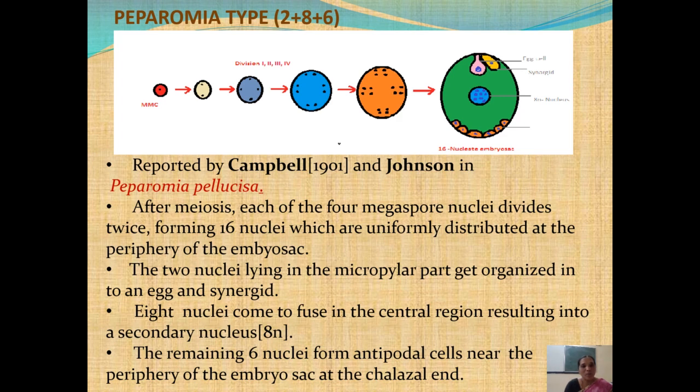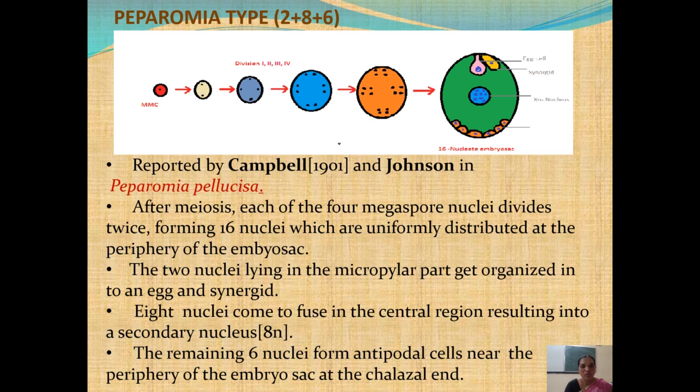It was reported by Campbell and Johnson in Peperomia pellucida. After meiosis, each of the 4 megaspore nuclei divides twice, forming 16 nuclei which are uniformly distributed at the periphery of the embryo sac.